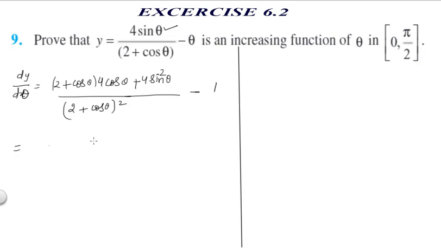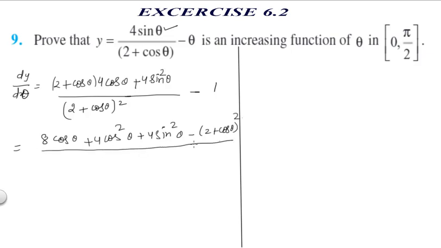Let us take the LCM and solve it. We will get 8 cos theta plus 4 cos square theta plus 4 sin square theta minus 2 plus cos theta whole square, divided by 2 plus cos theta whole square.